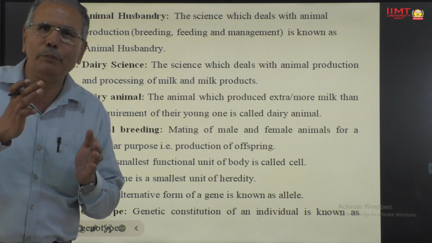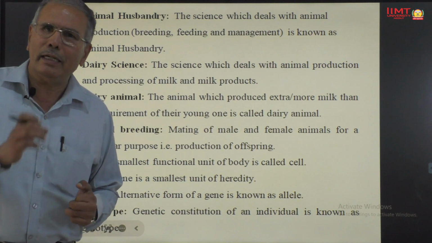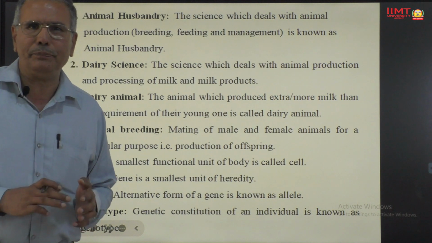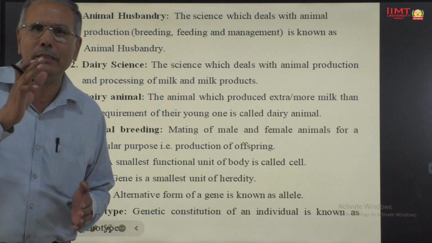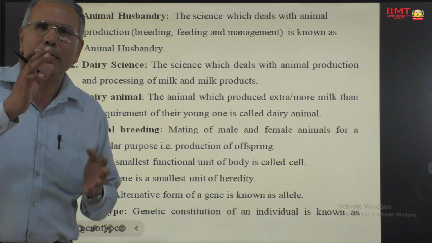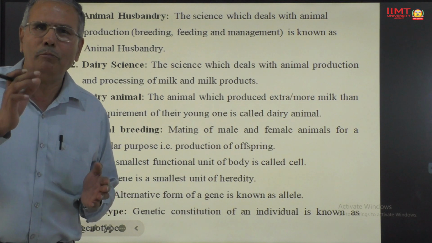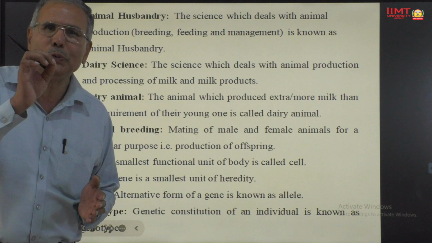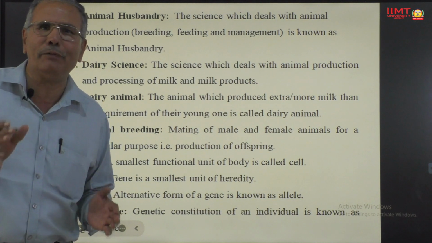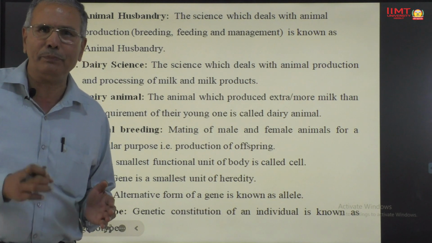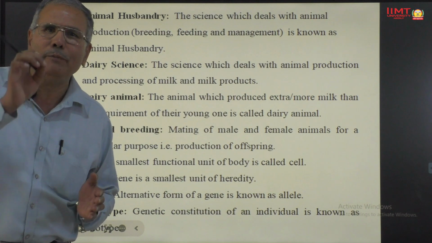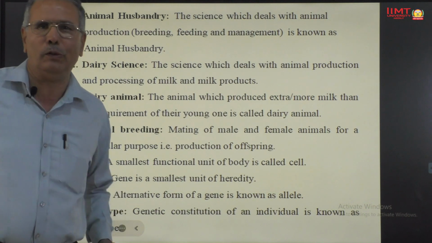Although milk production quality is available in pig or female pig, bitch also, but they produced milk as per the requirement of their young one, or they produce milk for the feeding of their young one only.